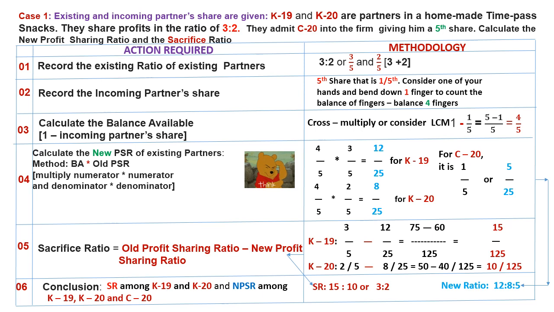Look at my way of relationship where I bring the arrow from serial number 4 and relate it to serial number 6 where the new profit sharing is 12 is to 8 is to 5.